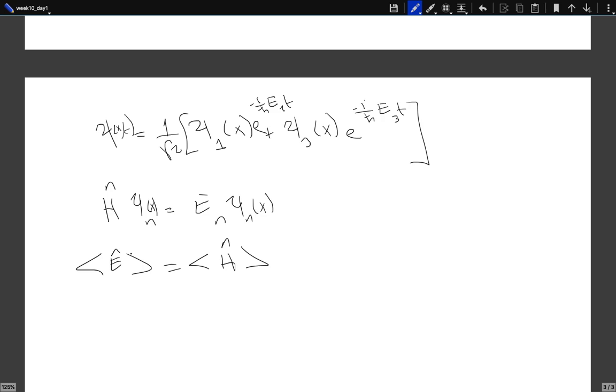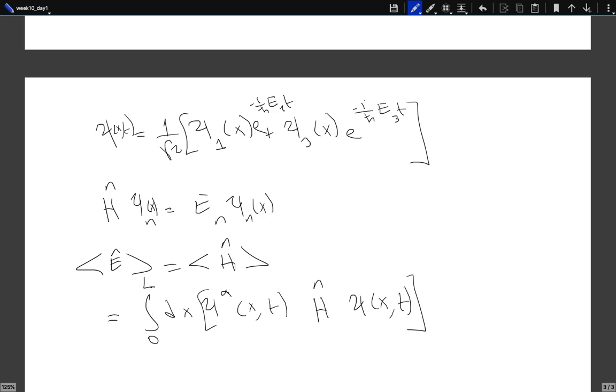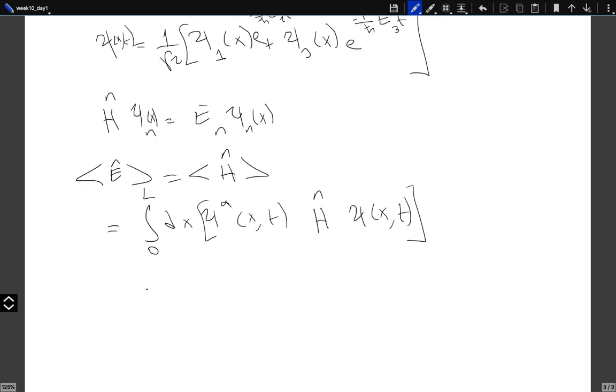How do we calculate it? This is dx. We multiply the conjugate, then in between we have the H operator. In this particular example, since we are looking at a particle in a box, they go from 0 to L.